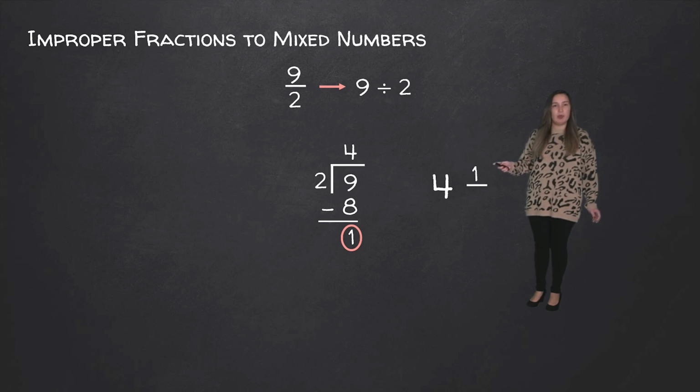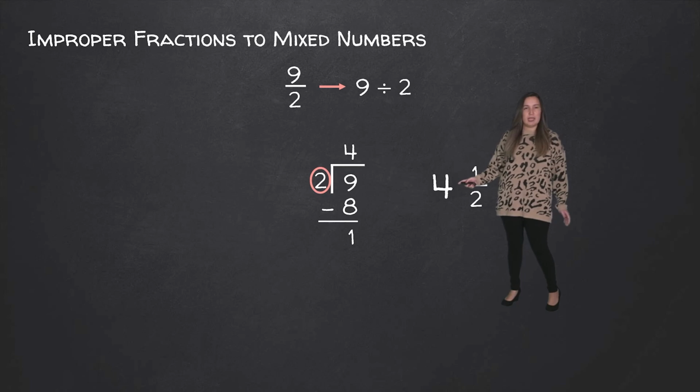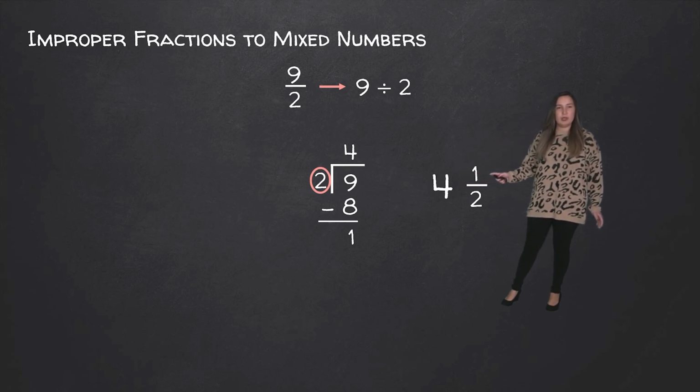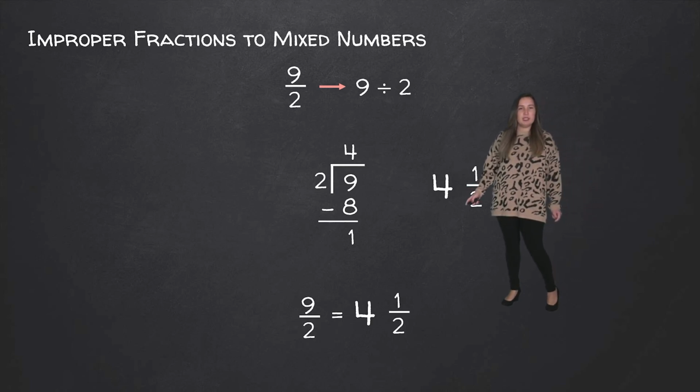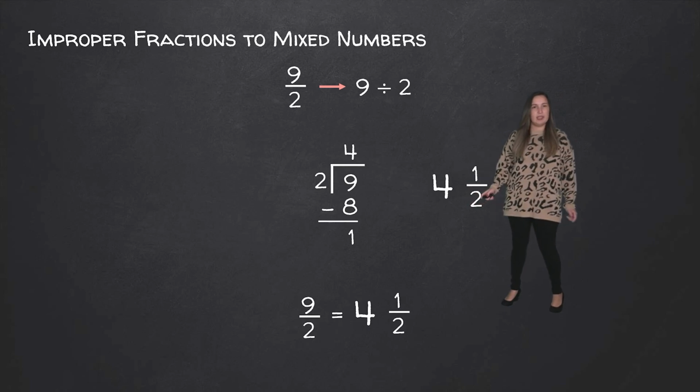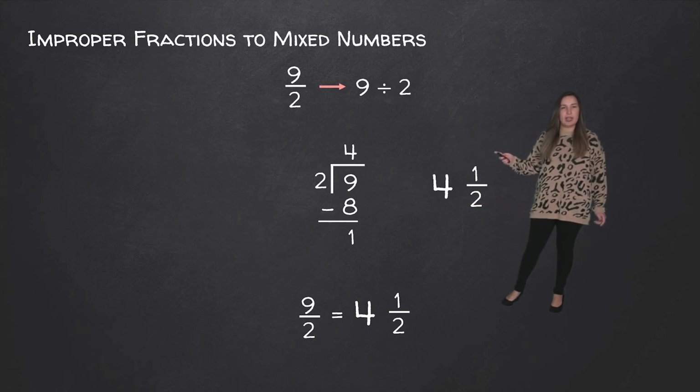We have 1 part out of 2, which is our divisor. So again, 2 goes into 9 4 whole times. We have a remainder of 1, and that would be out of 2 because 2 is our divisor. All right? So 9/2 is equivalent to 4 1/2. And that's how we would take our improper fraction and write it as a mixed number using division.